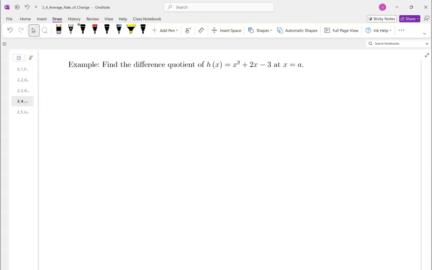All right. So it's asking for the difference quotient. So what do we compute again for difference quotient?